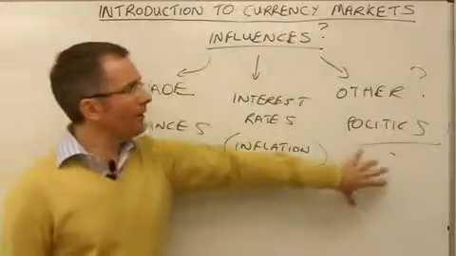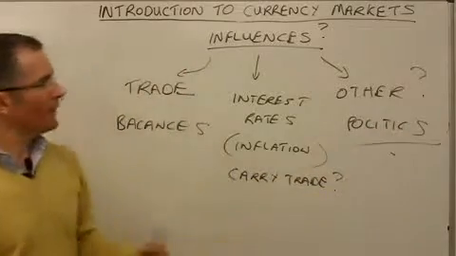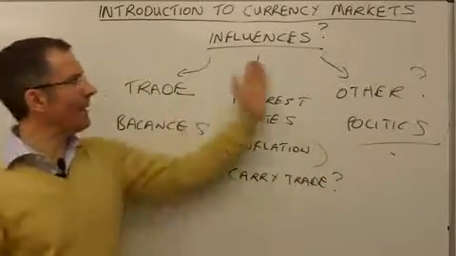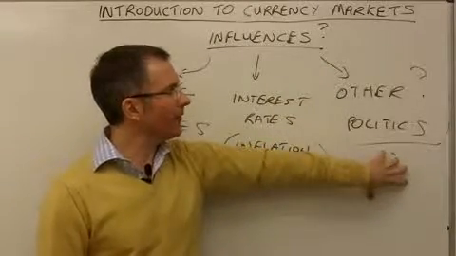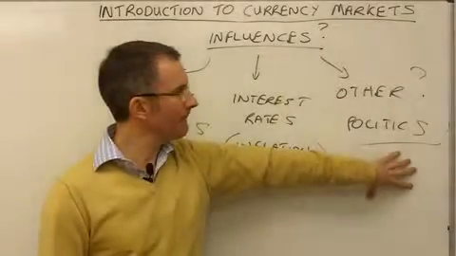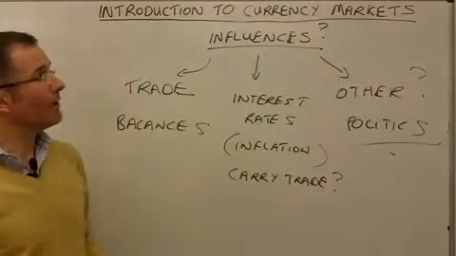So currency is very sensitive to all kinds of different pieces of information, but the principal ones, trade, key economic data such as interest rates, inflation, and then you've got the random factors, which includes the kind of political risk in the currency markets. Okay, so three things to think about on the foreign exchange markets.